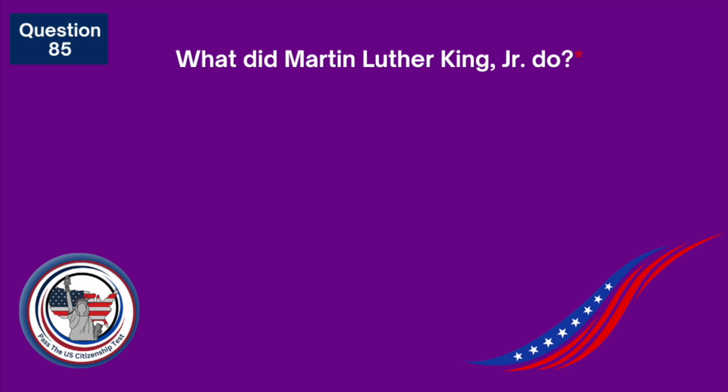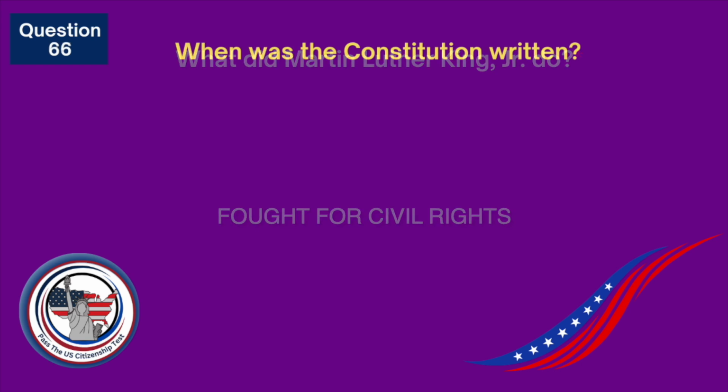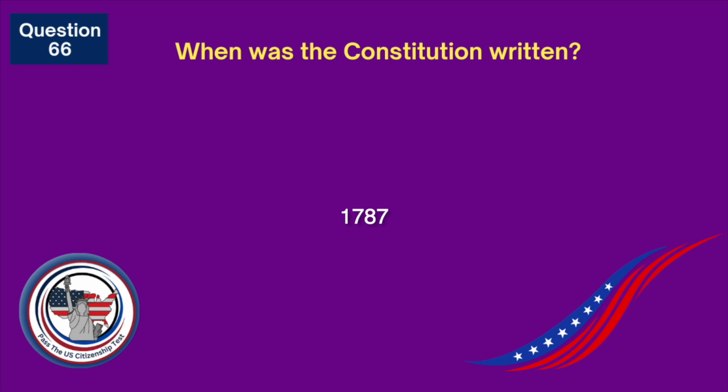What did Martin Luther King Jr. do? Fought for civil rights. When was the Constitution written? 1787.